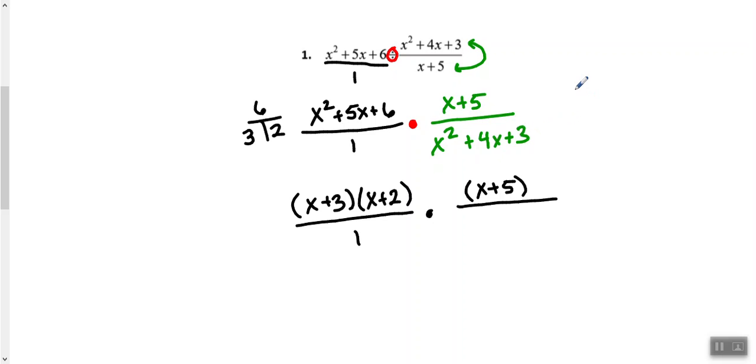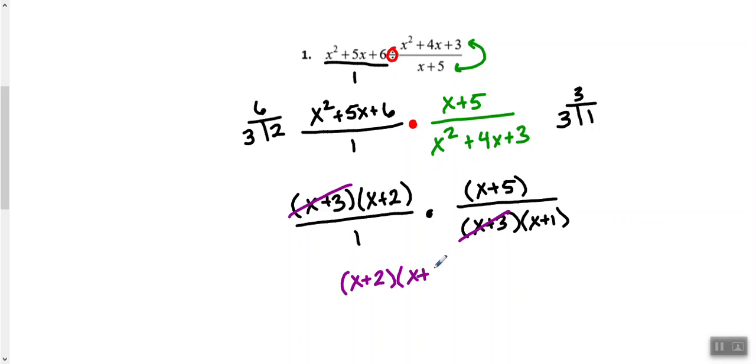Now the bottom over here, what multiplies to 3 but adds to 4, 3 times 1, so that gives me x plus 3 and x plus 1. And then I can cancel. So my x plus 3's cancel, and I'm left with x plus 2 and x plus 5 on the top, over, I don't need to write the number 1, and then x plus 1 on the bottom.